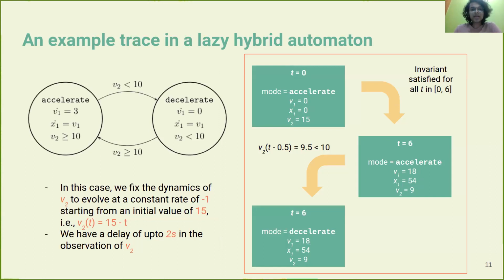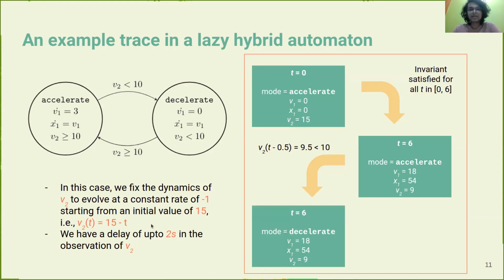Now, let us quickly look at an example trace in a lazy hybrid automaton. The trace here just means an execution of the lazy hybrid automaton when we run it in some sense. So suppose we fix the dynamics of V2 to evolve at a constant rate of -1, starting from an initial value of 15.